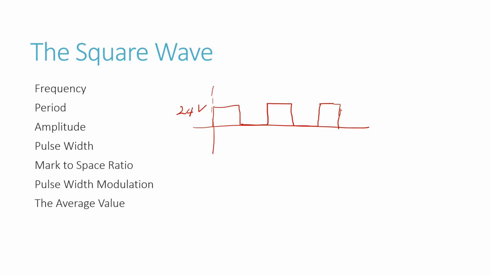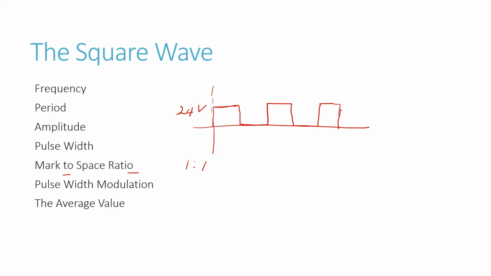Now, if we assume that the pulse is on as long as it is off, we're saying that this has a mark to space ratio of 1 to 1. Okay, mark to space ratio. The mark is at the top and the space is at the bottom.